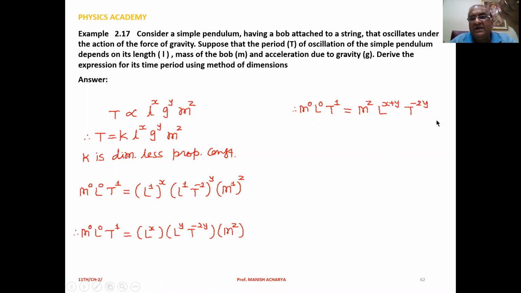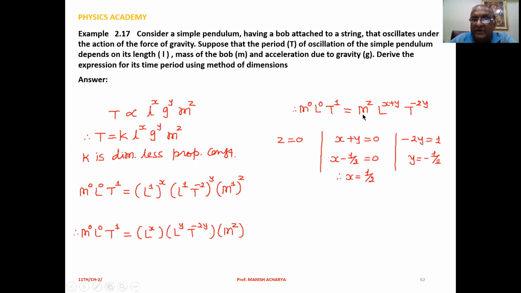Now for a correct equation, the dimensions on both the sides should be the same. So to derive the correct equation, we have to consider the same dimensions on both the sides. So we can now compare the powers of M, L, T on both the sides. M raised to z, M raised to 0, so z equal to 0.